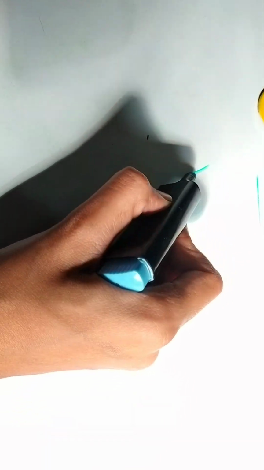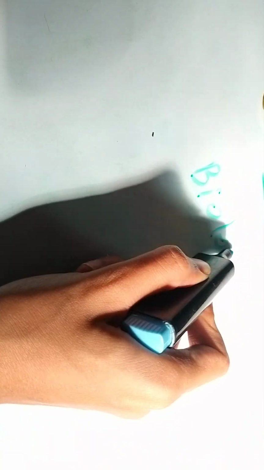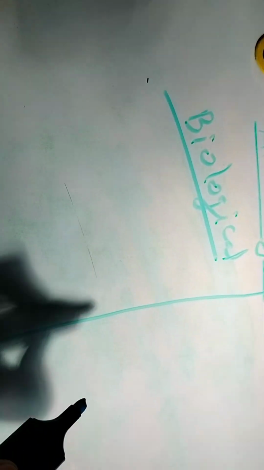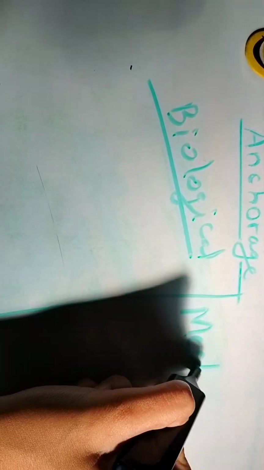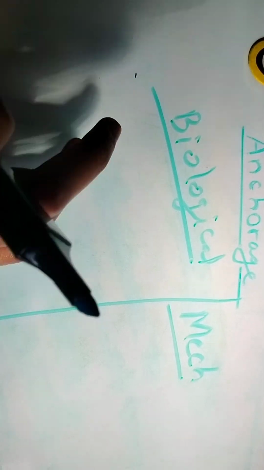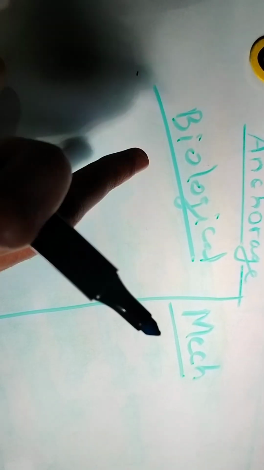First of all, what are the factors that affect the anchorage? There are two types of factors. First is the biological factors, and second is the mechanical factors. In biological factors, there is the size of the anchor unit.